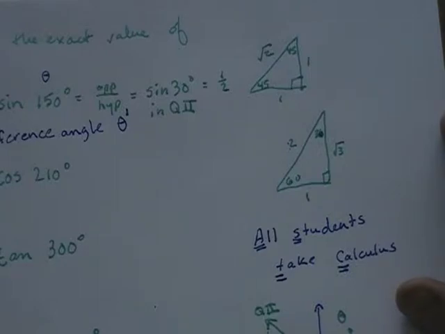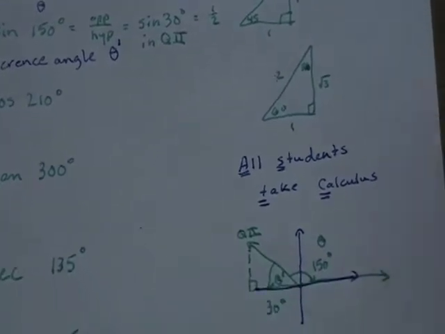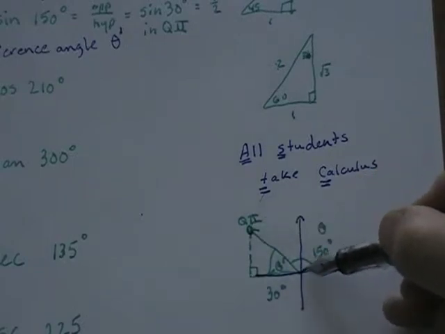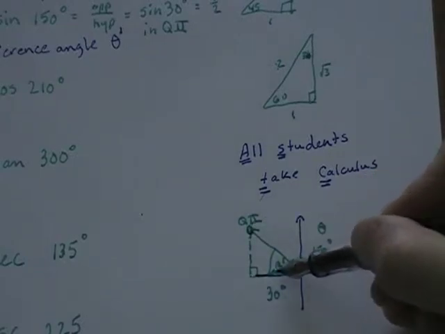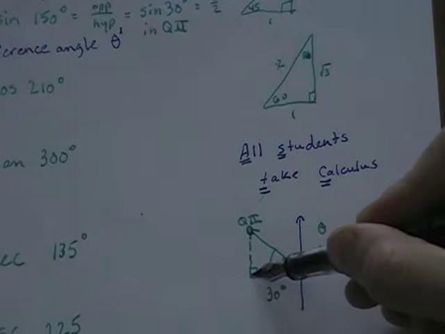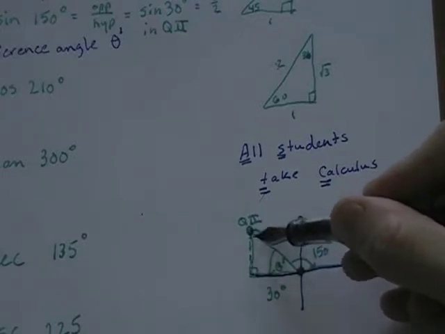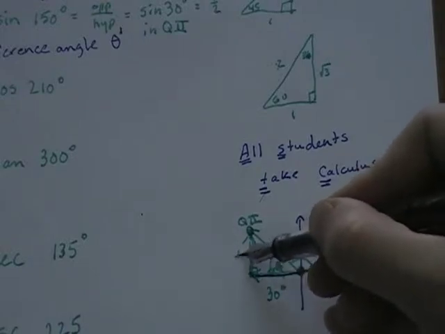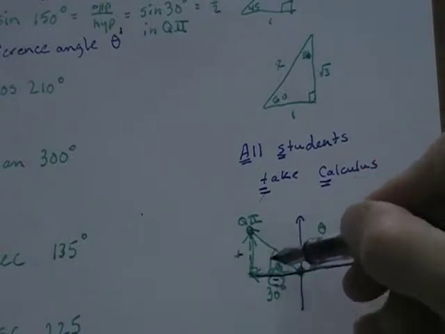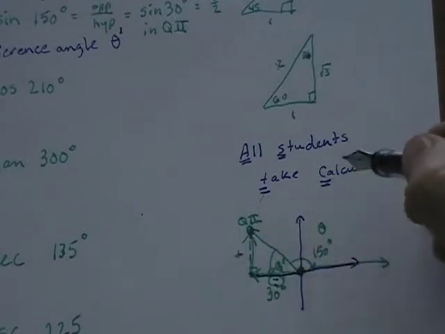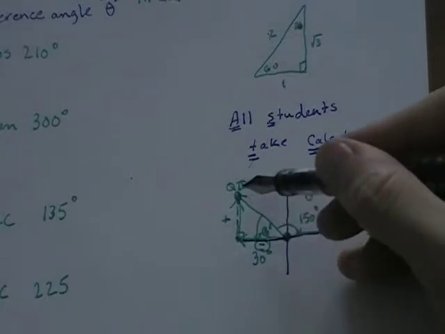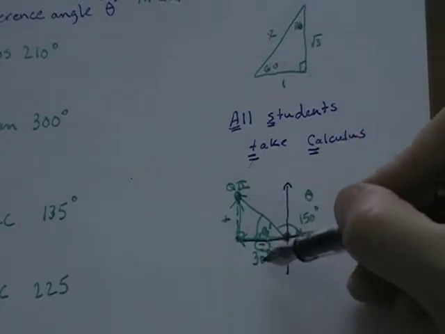But I'm in quadrant 2. Well, look at your right triangle here. Let's make a point. How do I get from the origin to that point? I'm going to go left and up. This is going to be negative. This is going to be positive. If you use Pythagorean's theorem to find this hypotenuse, you're going to square that number.